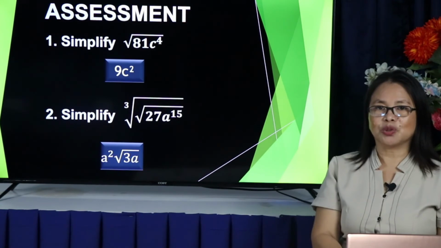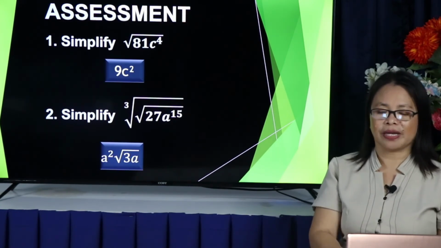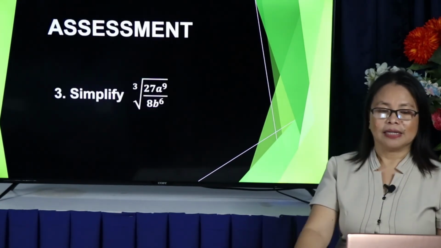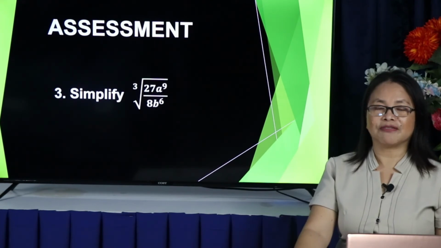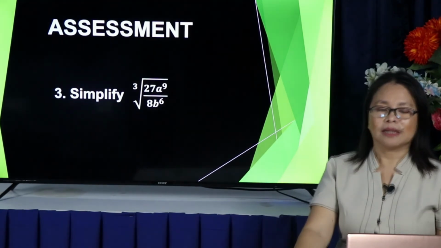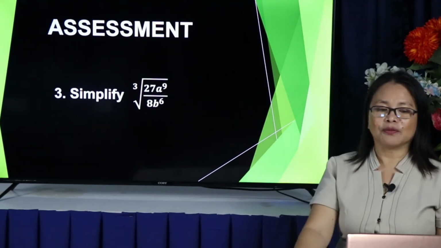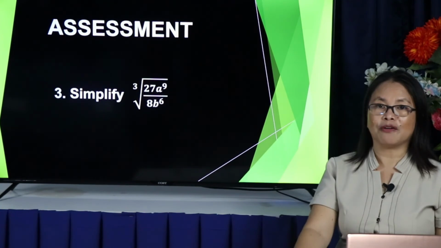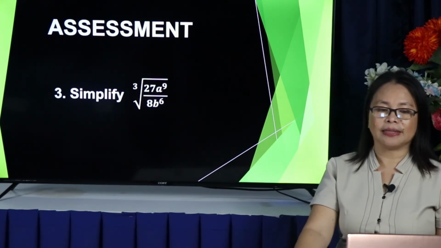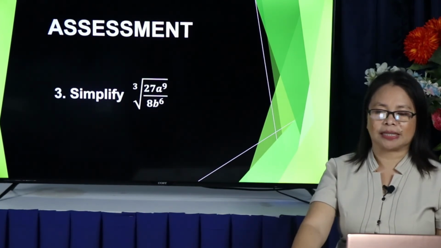Let's now proceed to question number 3. Simplify. Cube root of 27a to the power of 9 over 8b to the power of 6.